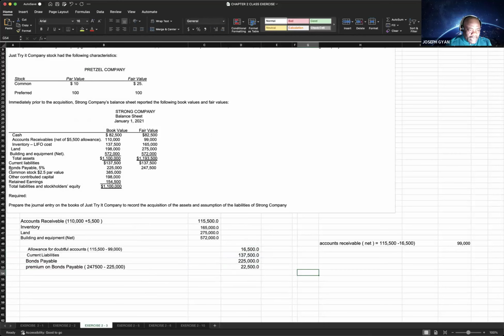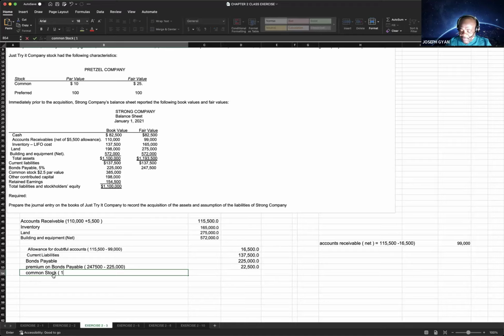Now we are giving them the common stock. So we are exchanging this with the common stock, which is 15,000 shares times the par value of our share.